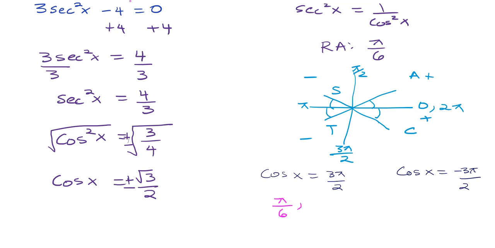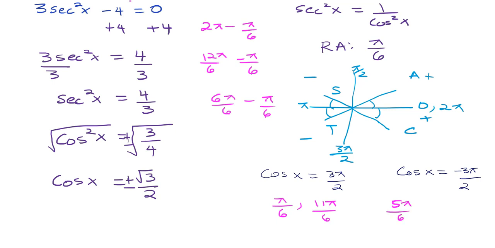And then here, which is our next positive one, is going to be 2 pi minus pi over 6. So I like to always write this with the denominator in mind. So this is going to be 12 pi over 6 minus pi over 6. So this is going to be 11 pi over 6. Then when you have negative, this is pi, so this is going to be 6 pi over 6 minus pi over 6. So this is going to be 5 pi over 6.